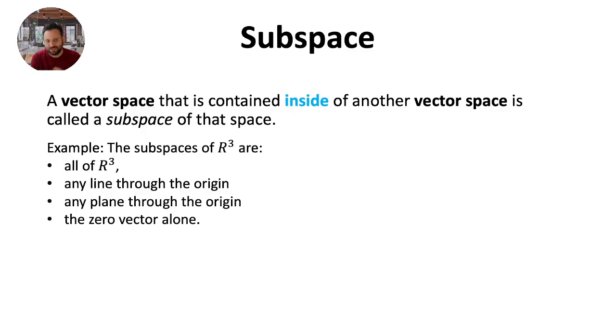As an example of subspaces, let's take the vector space R cubed, and the subspaces of this vector space are any plane or any line that is going through the zero vector of that space. So that was our subspace definition.